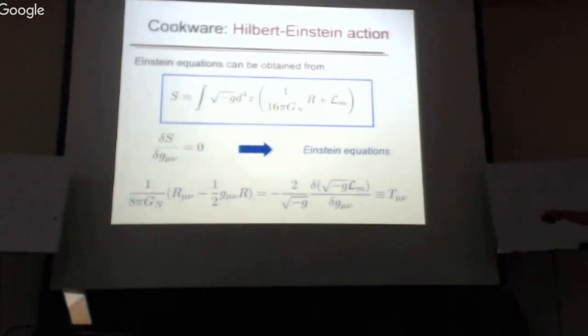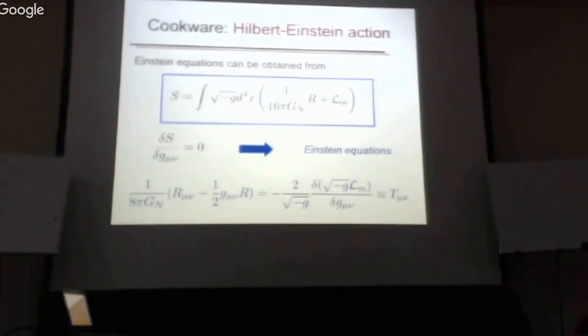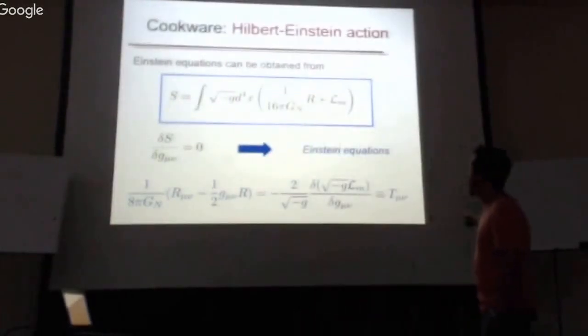So if you take the variation of the action with respect to the metric, and you demand this to be minimal, to be an extremum of this action, what you recover is the Einstein equation.